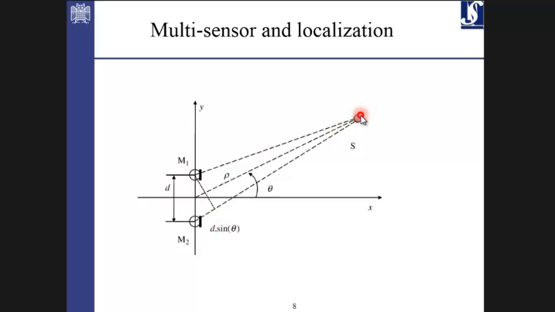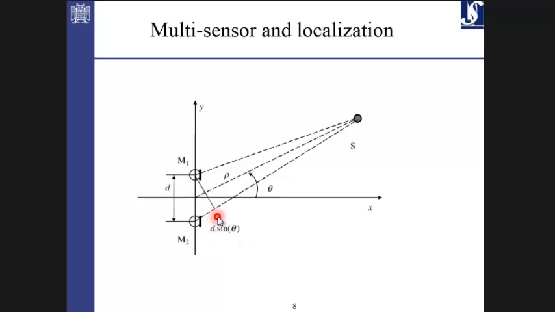The source propagates to this microphone and this microphone, but in order to get to this microphone, it needs to propagate and spend more time, and this time is spent on a distance. What is this difference of the distance which the source is required to pass in order to be recorded by microphone M2? This part of the distance is d times sine of theta.